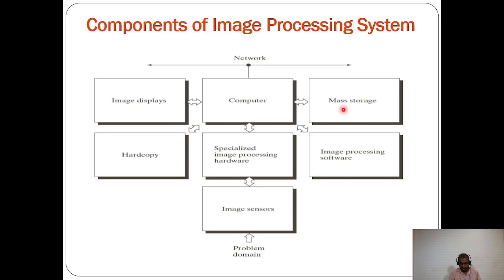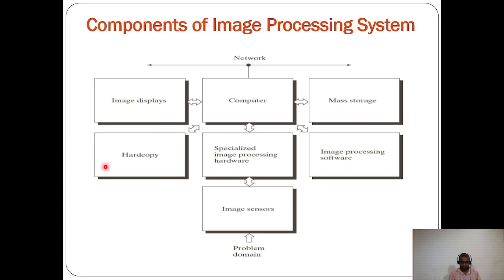Online storage uses magnetic disks and optical media, and archive storage uses optical disks and magnetic tapes, for the rare usage of the particular images. The next one is hard copy.